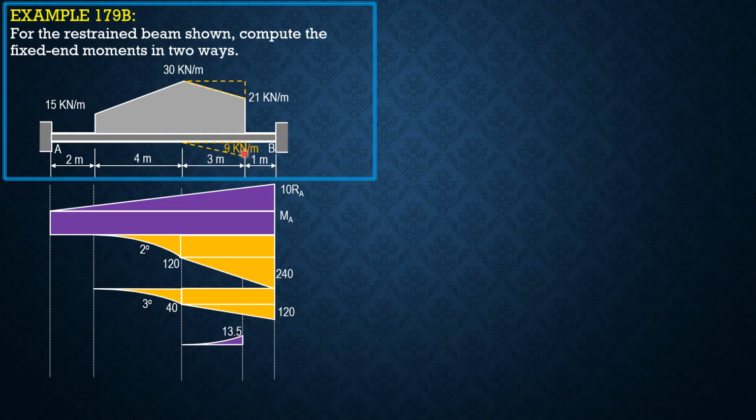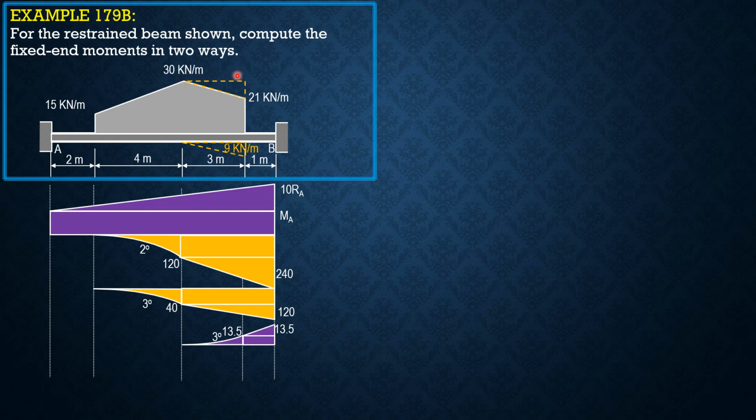So this triangular loading is replaced with a couple of 13.5, which is clockwise, and the force is 1/2 of 3 times 9, which is 13.5. So the couple is transmitted further, 13.5. Then the load equivalent upward force is 13.5 times 1. So we have a triangular moment diagram with intensity 13.5, or moment at B is 13.5.